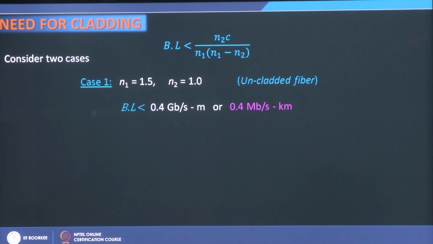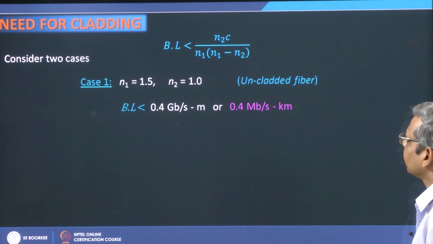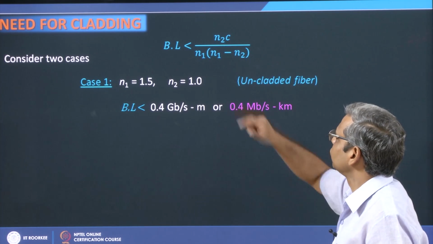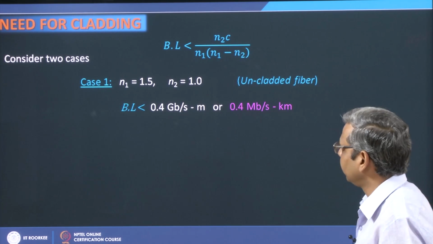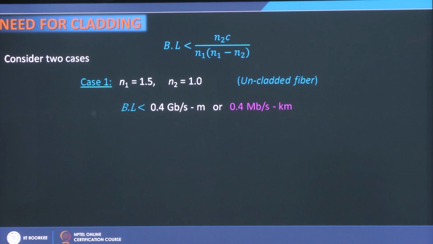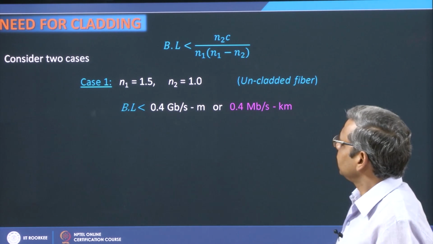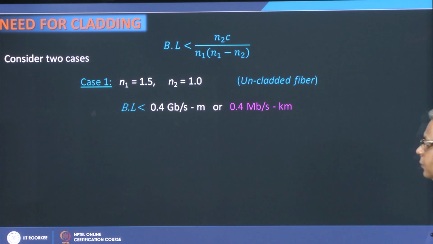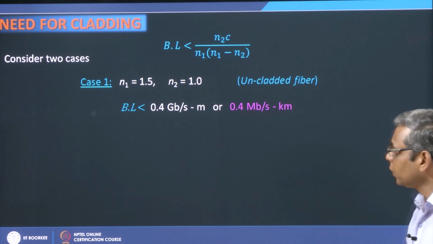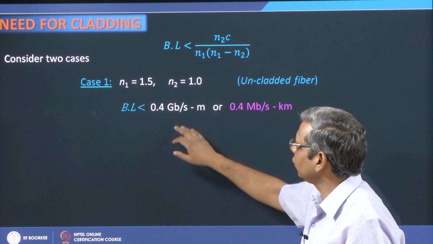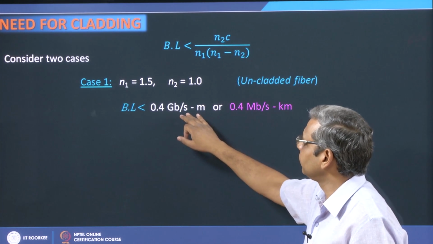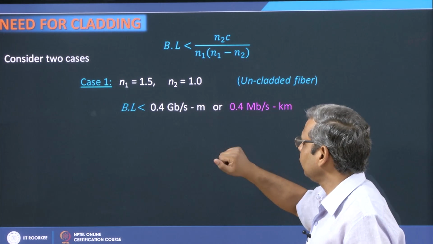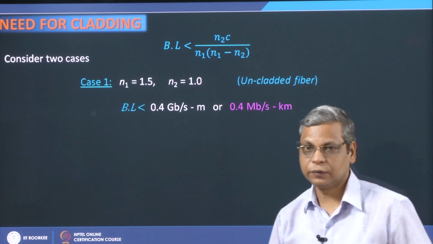In this case, let me find out this B times L. If I plug in these values here, small c is the speed of light, 3 into 10 to the power 8 meters per second, then it comes out to be 0.4 Gbps times meter, which means that you can send pulses at the rate of 0.4 GB per second or 400 MB per second only over 1 meter length of the fiber.